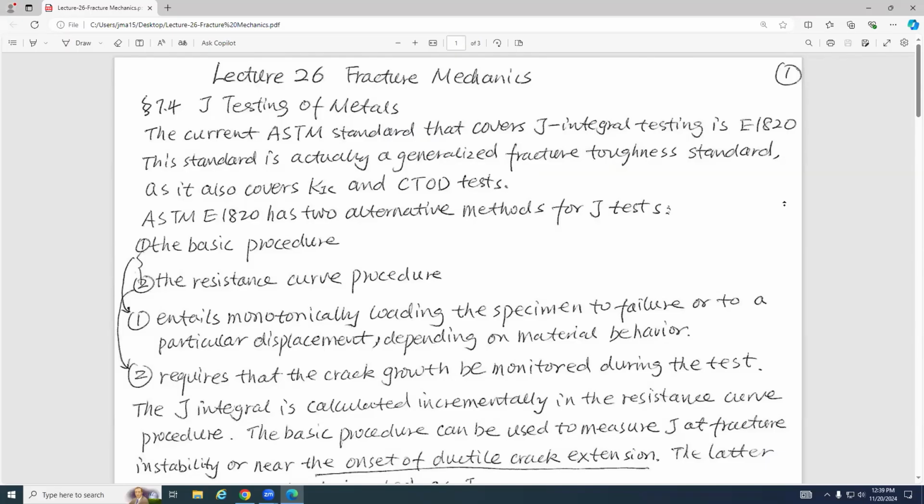Okay, so this is pretty much what I have today. You need to be serious about this one, because GIC and KIC are very, very important. These fracture mechanics concepts are very important parameters for any material.